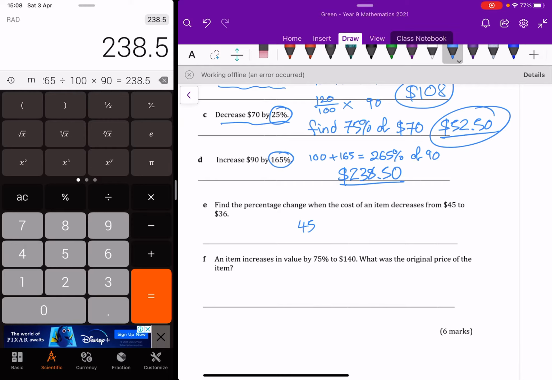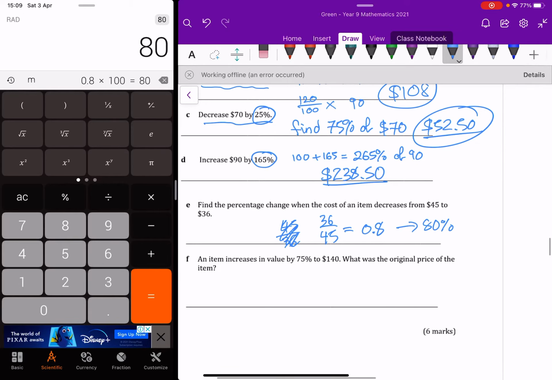So 45 divided by 36 gives me 1.25, but it's decreased from 45 to 36, so 36 divided by 45 is 0.8. Now this tells me, if I times it by 100, it's 80% of what it cost. So I've had a deduction of 20%, so decrease by 20.